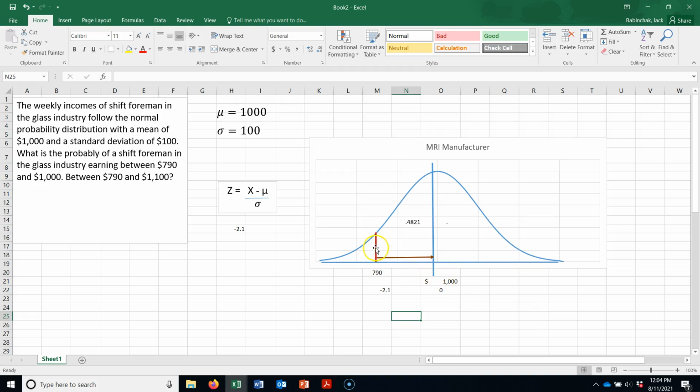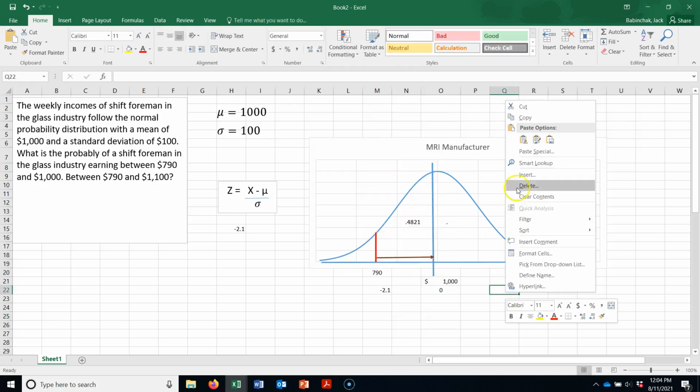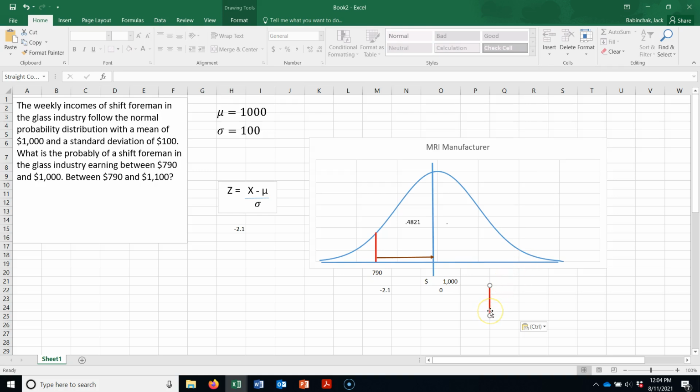So let's go to the second part of that question, and we'll say what percent are making between 790 and 1,100. Now again, if you're sharp, I'm going to put this down here. And I know a lot of you are.